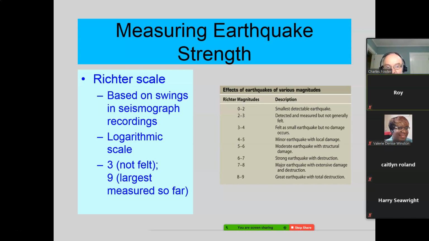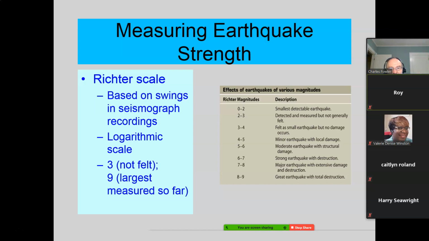6 to 7, strong earthquake with destruction. Now, I can't remember right now what the size of the Haiti quake was. It seems like it was in the 5 to 6 or the 6 to 7 range, whereas the one in Chile was one step up from that, either 6 or 7 to 7 or 7 to 8. It was a much more powerful quake on the Richter scale.